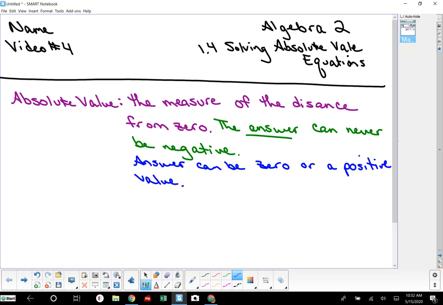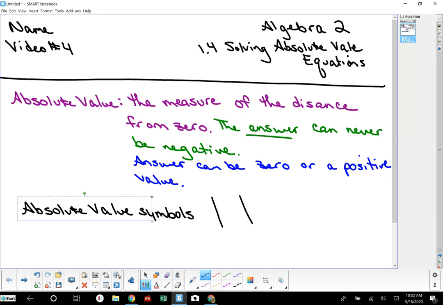Okay, so that's important to know. Absolute value symbols are 2 straight bars that are usually taller than the line that you're on. And anything within here is what would be the distance from 0.